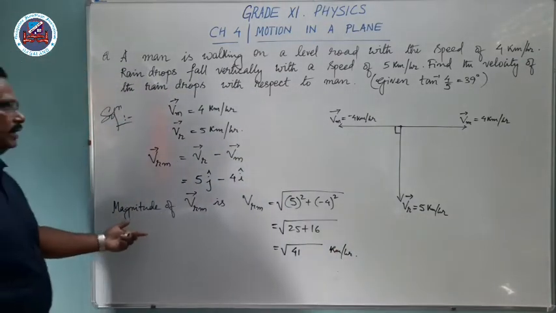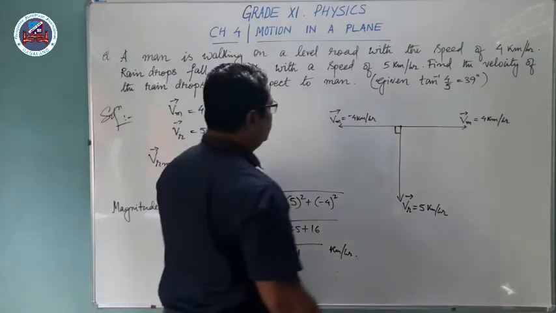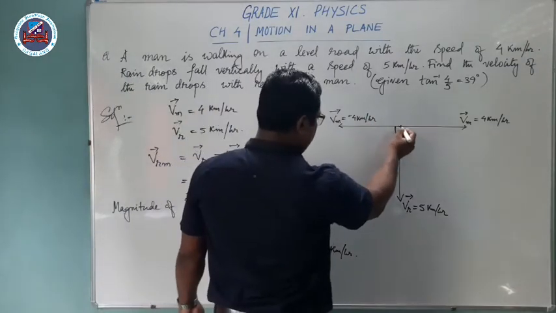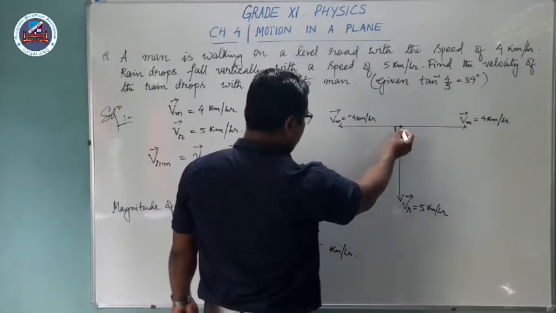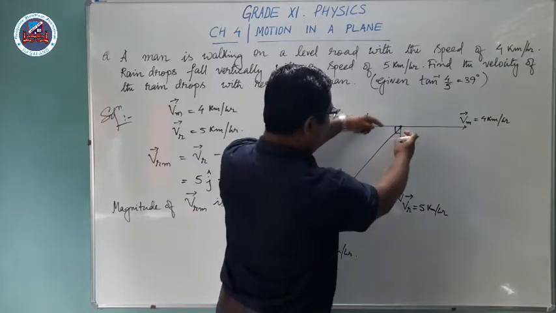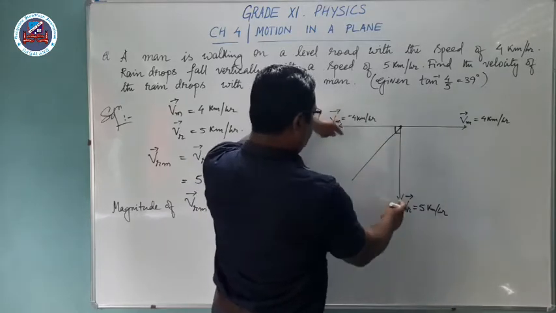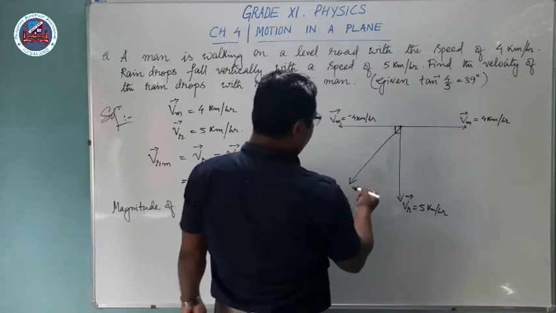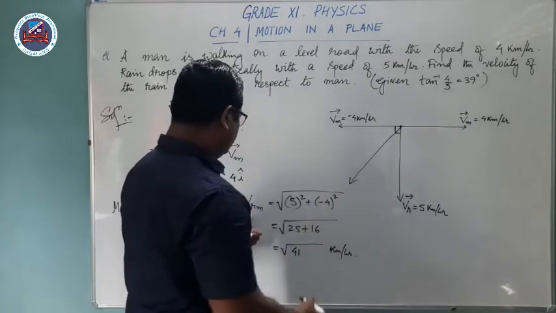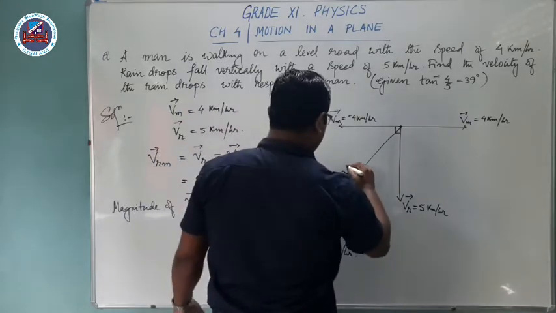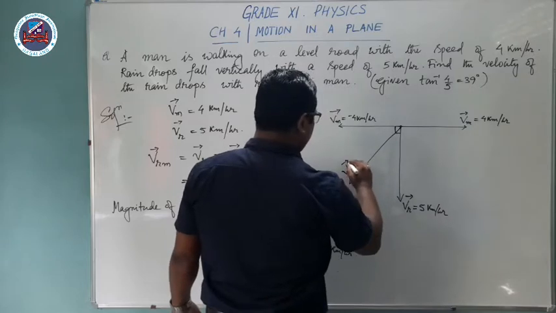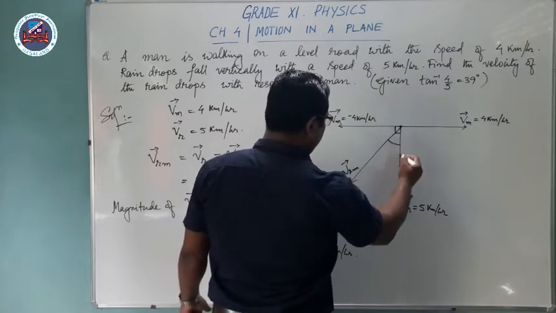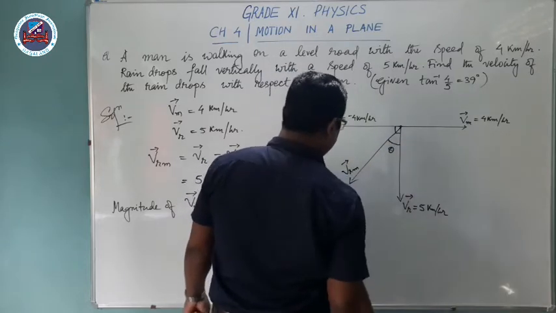And to find the direction of velocity with respect to man, as these two vectors start from the same point, the diagonal will give you the resultant velocity. This is VRM, we are finding VRM, and the direction with the y-axis, we take as theta.